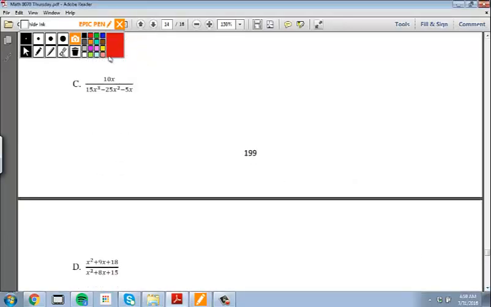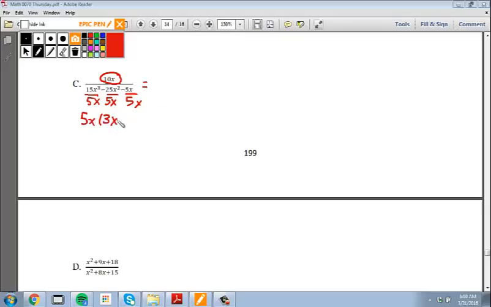Alright, C. In C, this is a little bit different because this monomial or one-term polynomial is in the numerator. So let's start by factoring the denominator, and I see a GCF of 5x. So it's going to be 5x times 3x squared minus 5x minus 1.